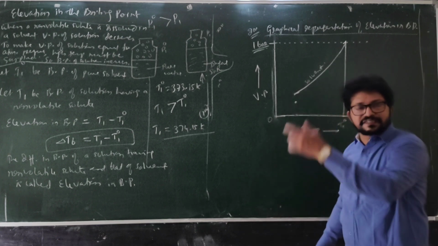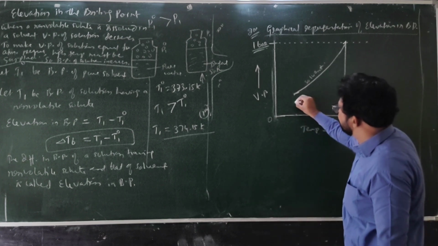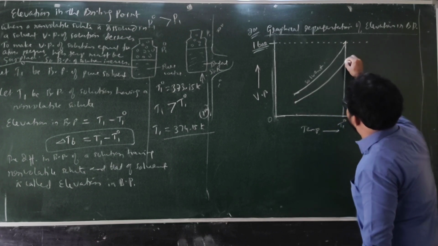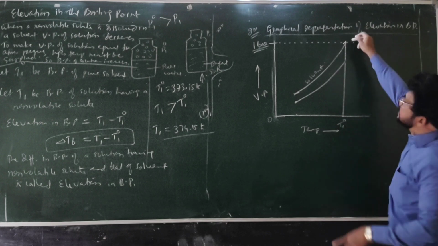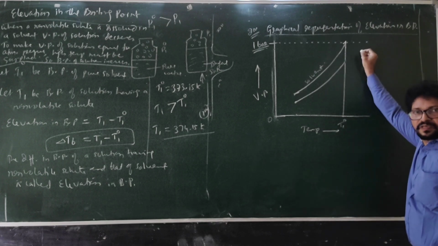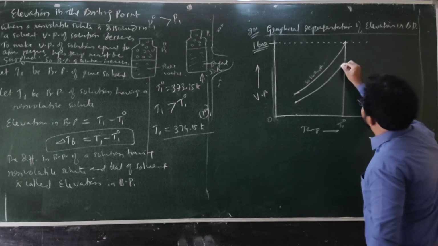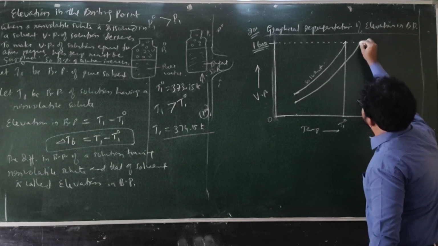Now you go on heating the solution. Vapor pressure starts increasing. No, it has not reached 1 bar. At this 100 degrees it will not boil because it has still not reached 1 bar. Now further go on heating it.